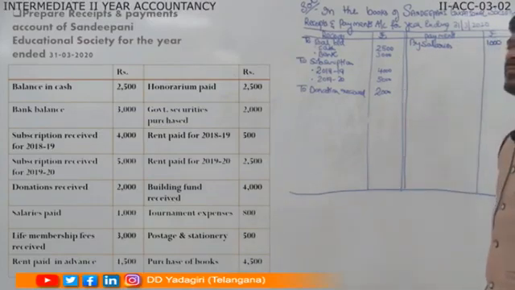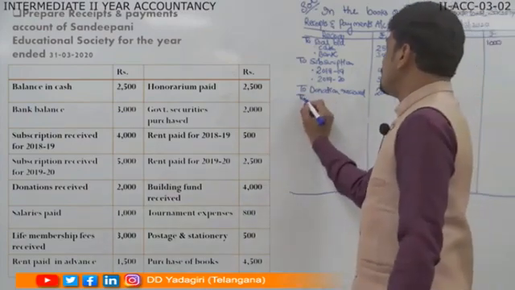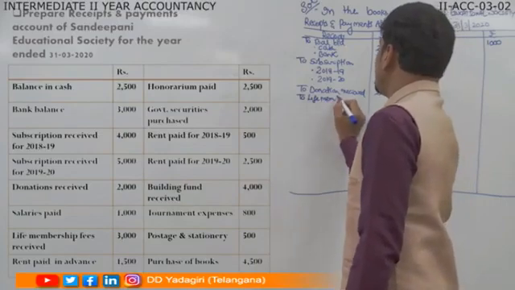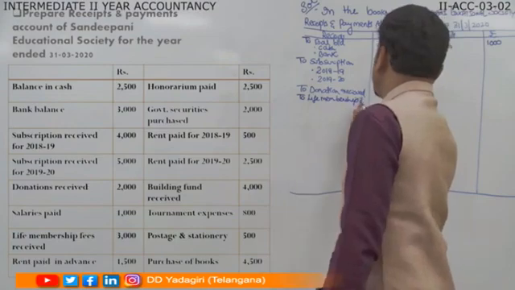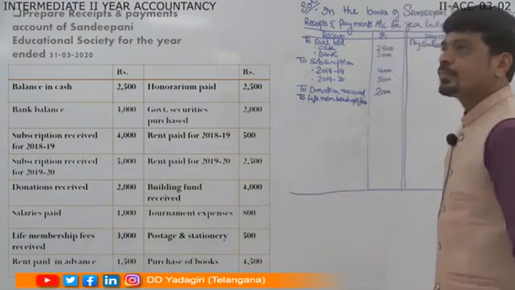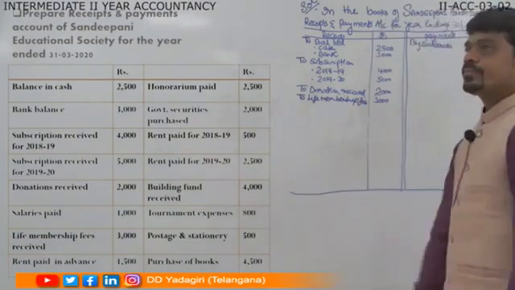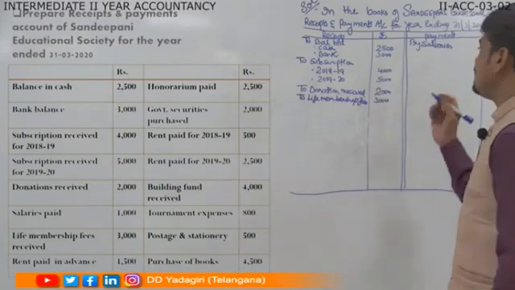Followed by life membership fee received. Again, life membership fee is a receipt, whether they say received or not, it is always a receipt. So to life membership fees, 3,000. Then rent paid in advance. Paid is payment.